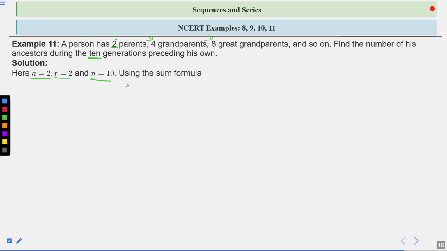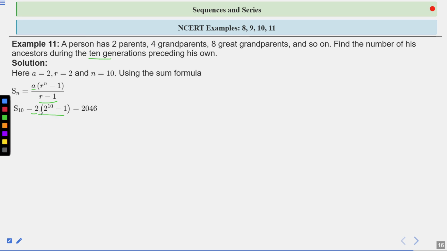So using the sum formula, quite simple. Sn is simply a times r raised to power n minus 1 divided by r minus 1. We know the first term a, we know the common ratio r, 2. Now for 10 generations, we are getting 2 minus 1 is 1. So denominator is just 1.